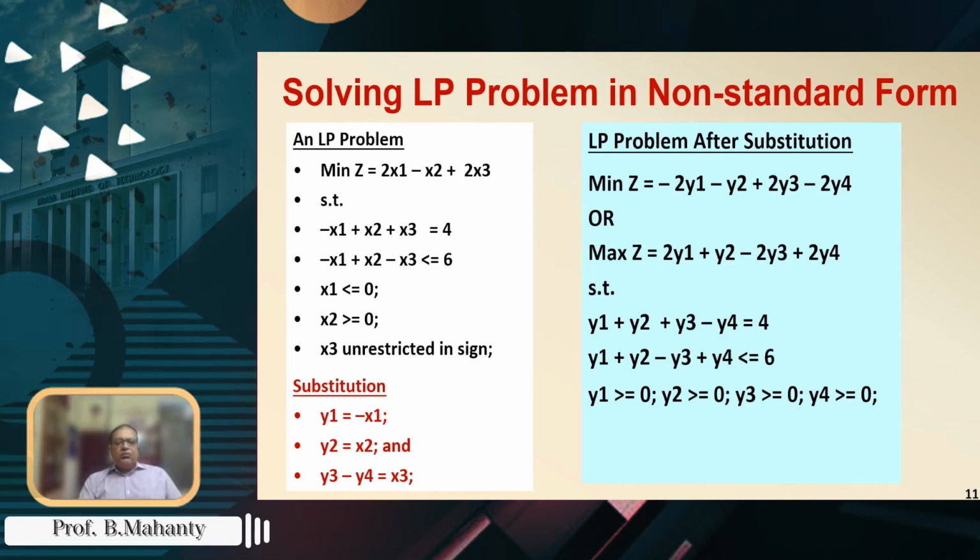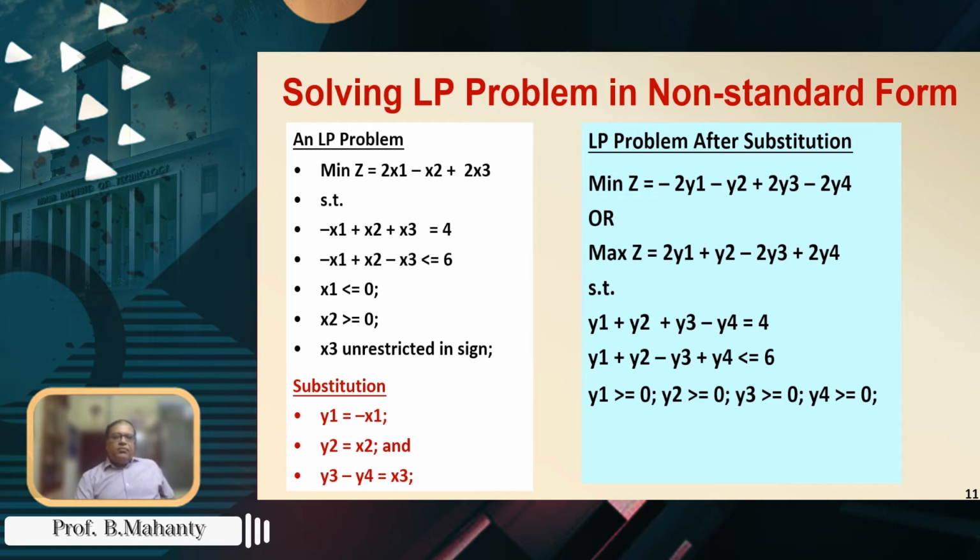Maximize z equal to 2y1, the negative of this. So minimizing z becomes maximizing the negative of z. If some function is a minimization, and you take the minus of it, then it will be one of maximization. So maximize z equal to 2y1 plus y2 minus 2y3 plus 2y4. All right, so this is our new objective function.